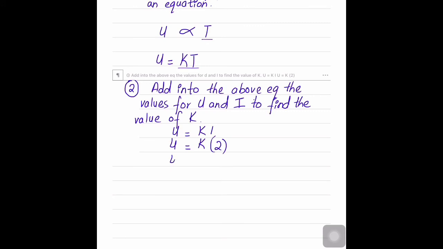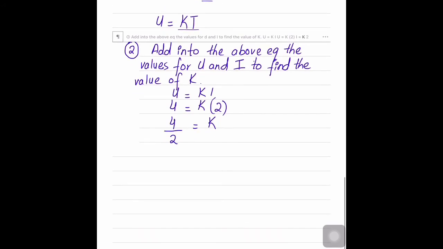As 2 is being multiplied by k on the right side, when we take it to the left side it will be divided, so k equals 4 over 2, so essentially k is equal to 2.